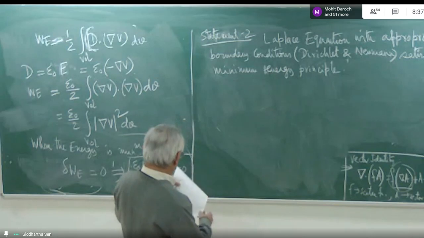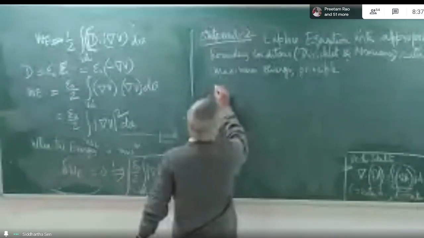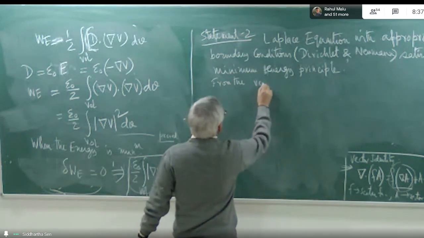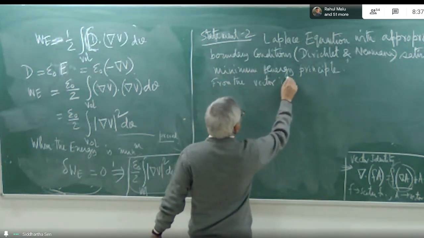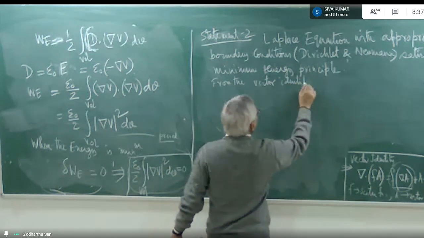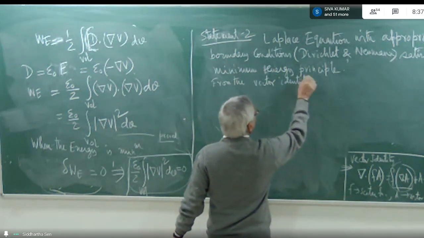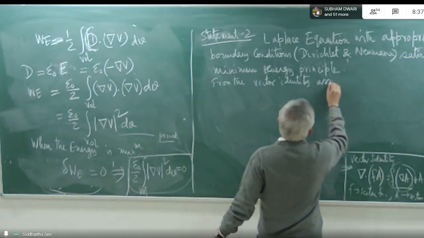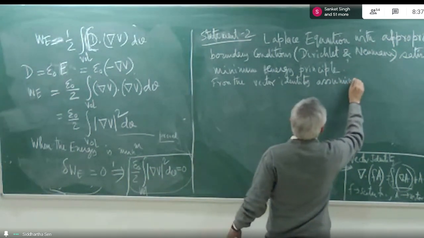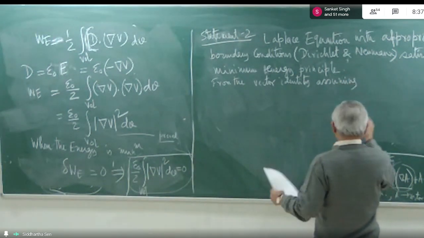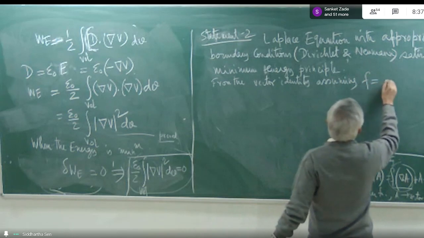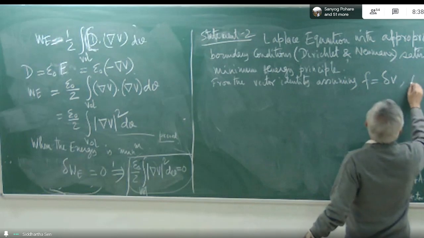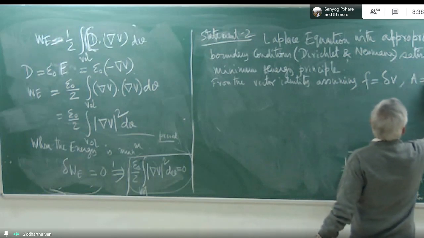Assuming in this case that f is equal to delta v and A is equal to nabla v.